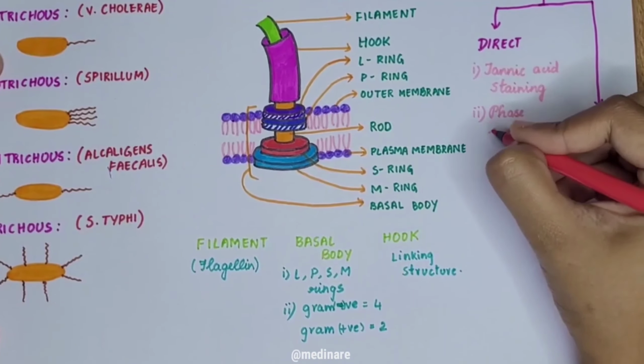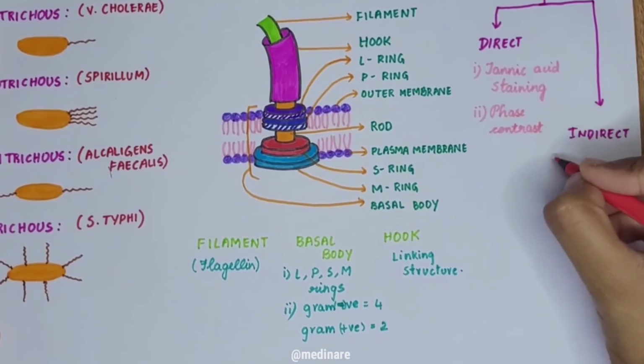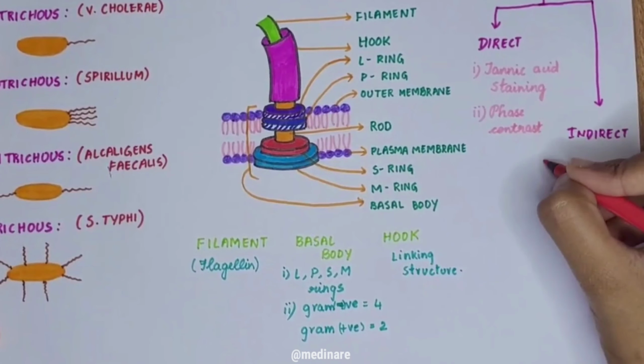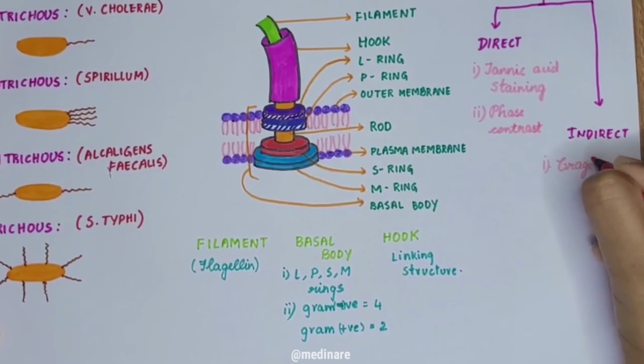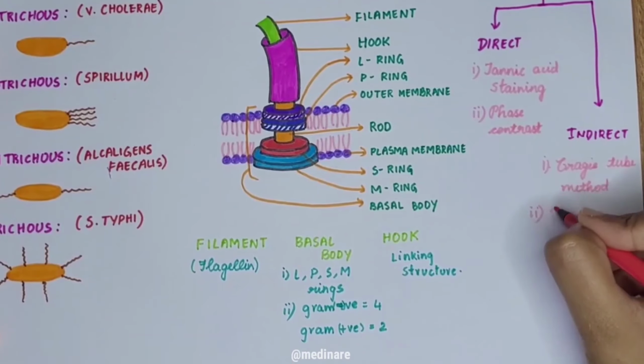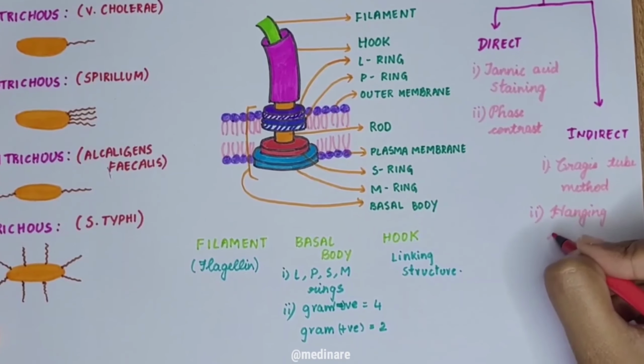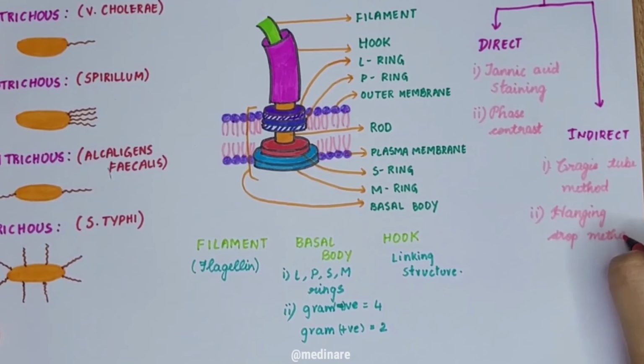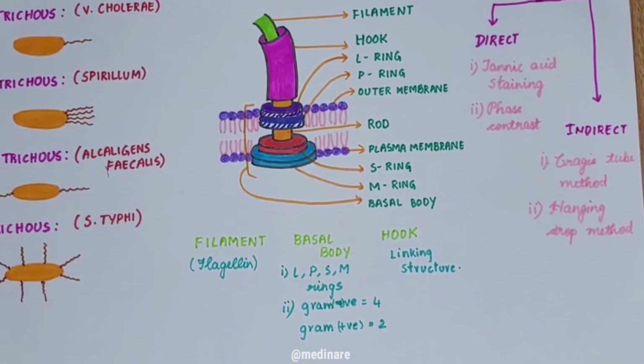The second method of direct demonstration of flagella is by phase contrast microscopy or dark ground microscopy. The indirect means by which we demonstrate the motility or the flagella is by Craigie tube method, hanging drop method, and also with the help of a semi-solid medium, for example, mannitol motility medium.